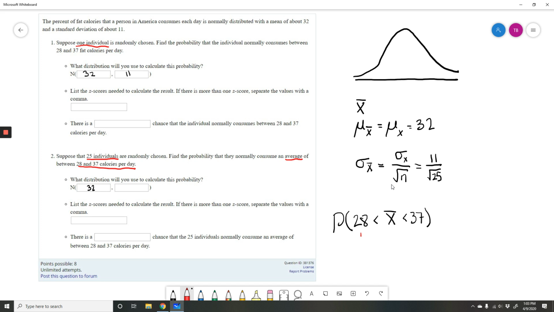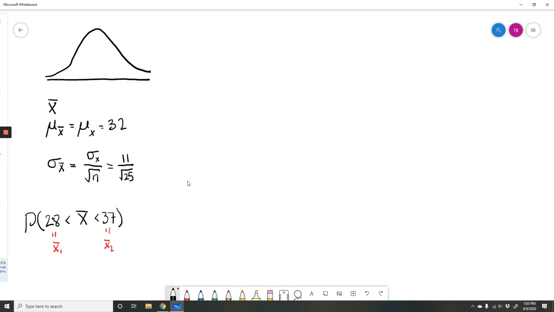So again, I'll call this x1 bar and x2 bar. The z-scores, we're going to use the same formula. It's always the value minus the mean over the standard deviation. But now the values are sample averages. And so we want the mean and standard deviation of those sample averages. So for x1, our first z is going to be x1 bar minus mu x bar over sigma x bar.